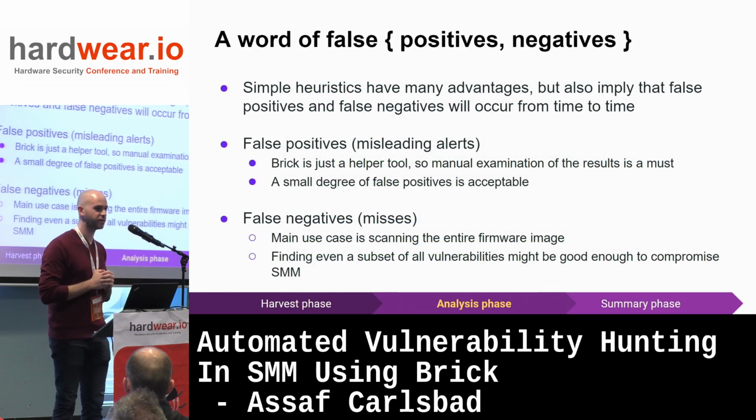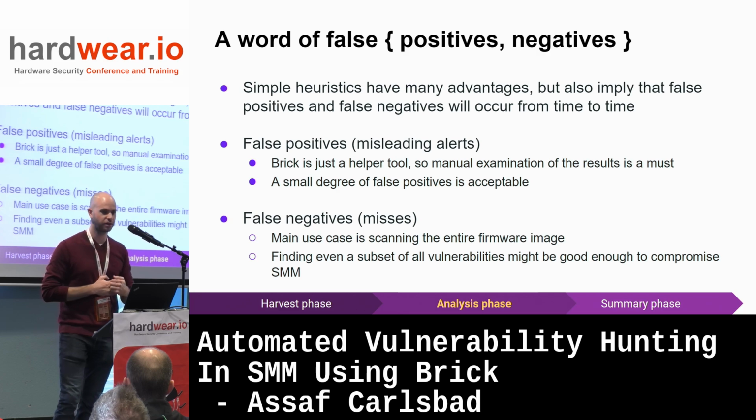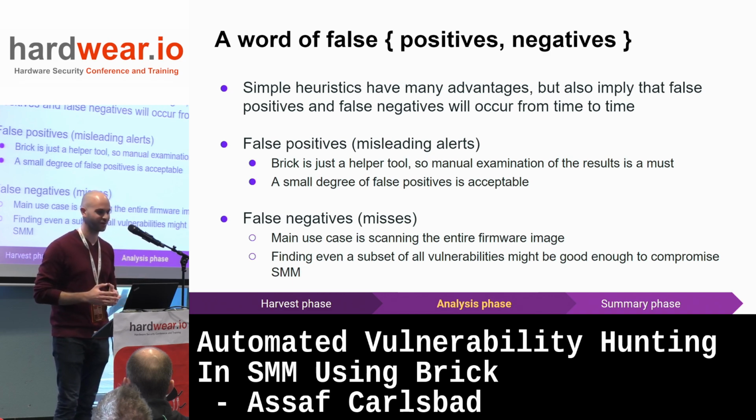Having really simple heuristics has a lot of advantages. They are easy to read, to write, to maintain, and so on. But that also means we are going to suffer from some false positives and false negatives as well, because the world is more complicated than how we usually describe it.